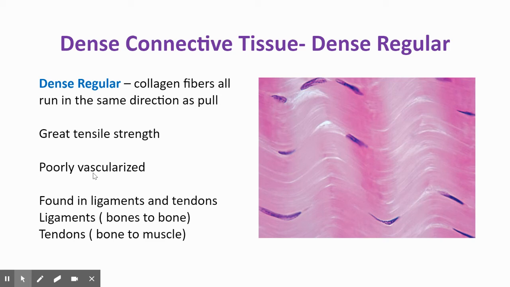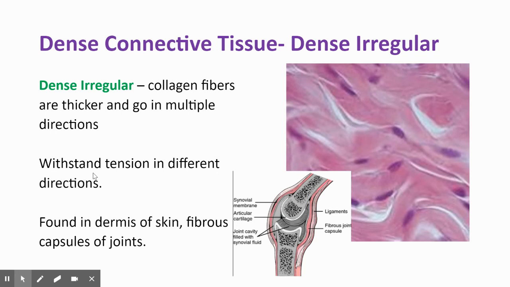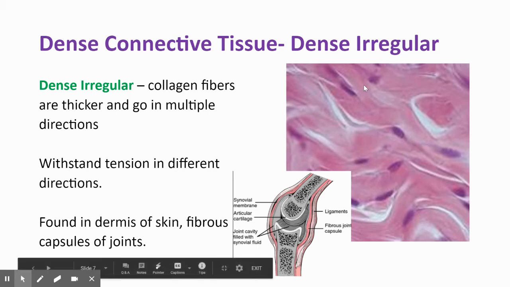All right. This is dense regular, your ligaments and your tendons. The other one is dense irregular. You can see by the picture why it's called dense irregular, because instead of all the lines going in a nice straight line, it's all over the place.